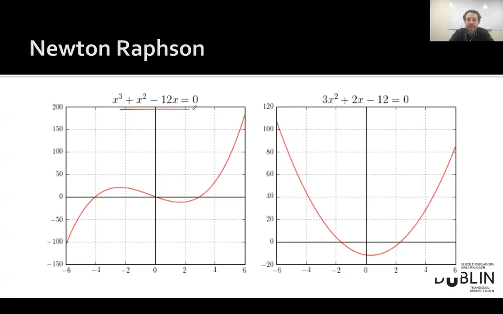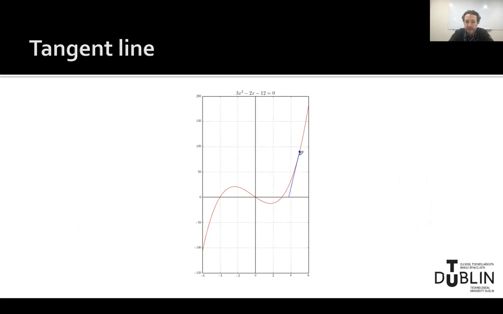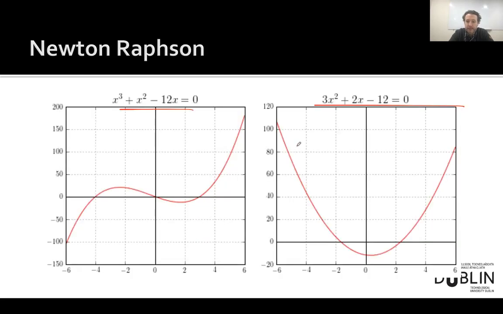Here's our original function, and here's the derivative of the function. What we see here is the derivative doesn't quite tell us where the roots are, but it will help us if we combine the 2 bits of information together. And how do we do that? If we choose a point here, for example, 5, f of 5 is up here.